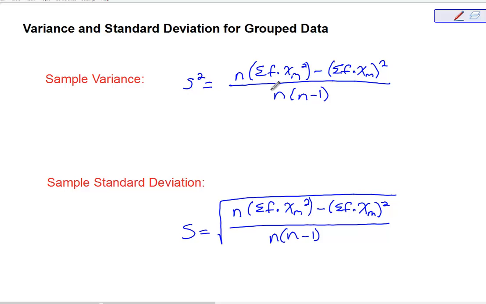Here I've already given you the formulas for this. Let me go over a few of the things. Remember that N is sample size. Your F is your frequency.